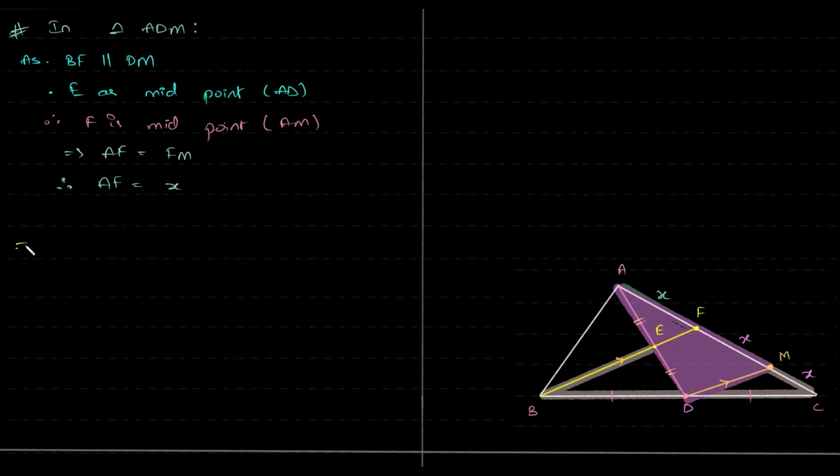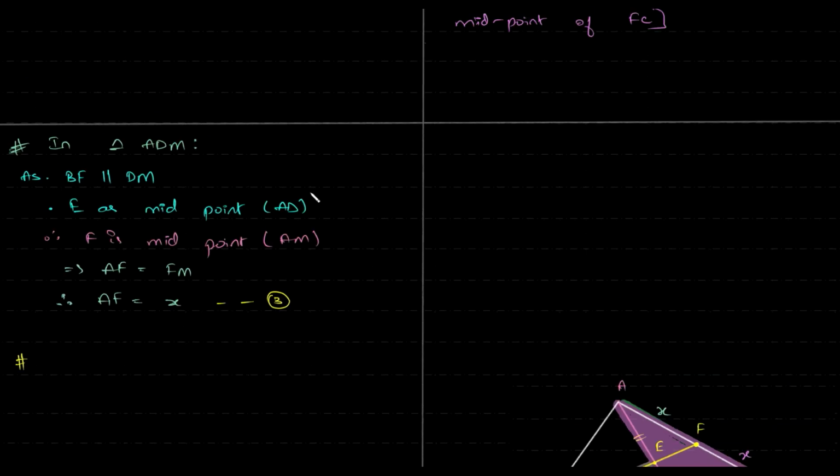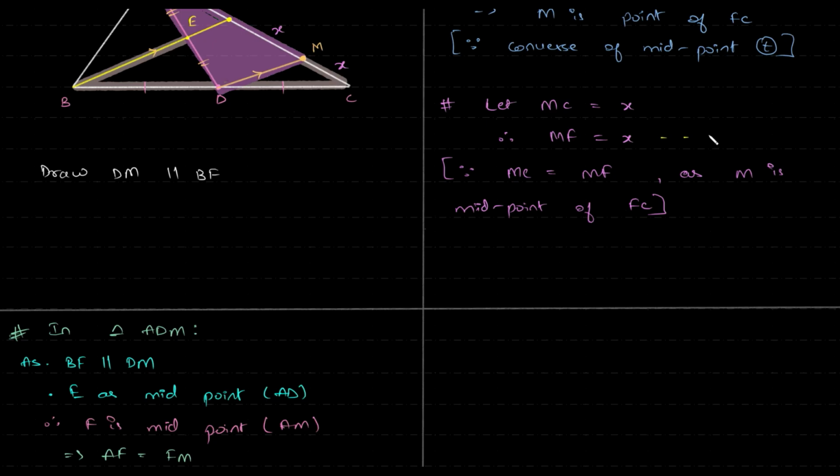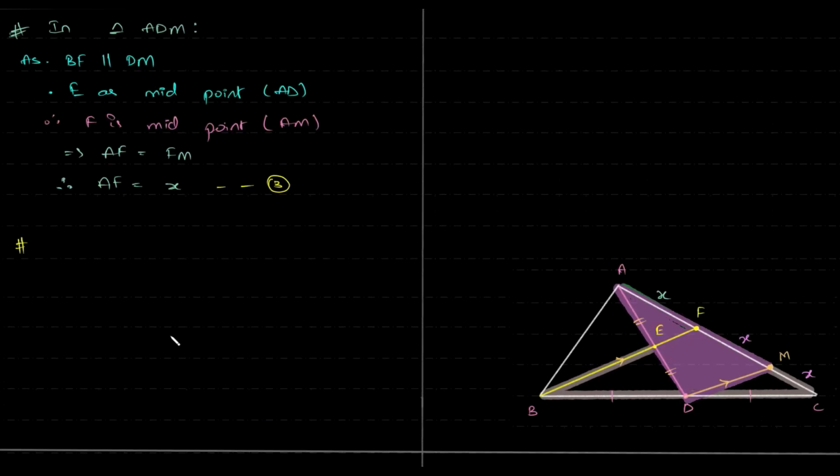And now from 1, 2, 3, 4, so what do we have? From 1, 2, 3, we have AC, which is equal to AF plus FM plus MC, which is equal to 3x.